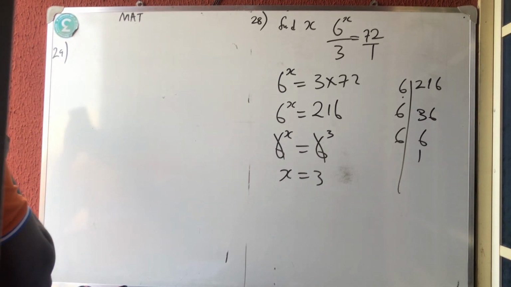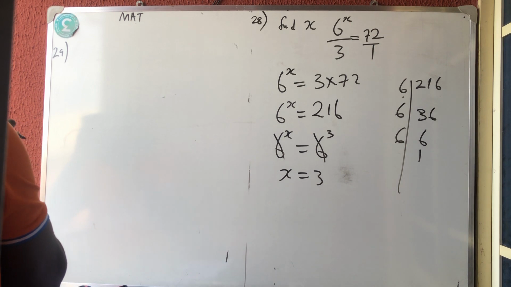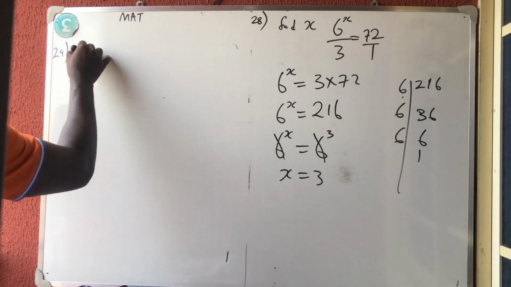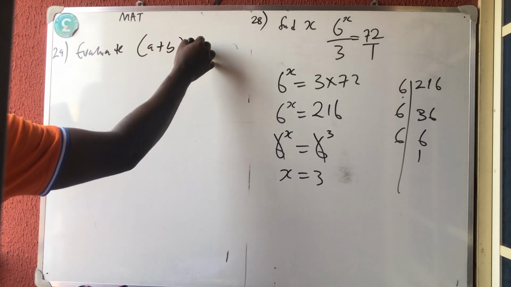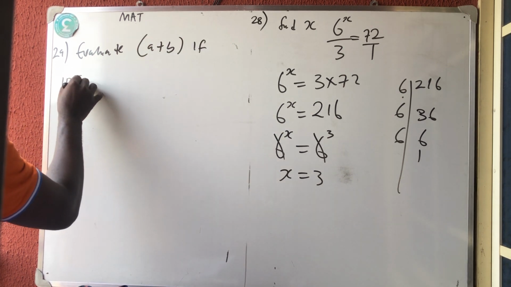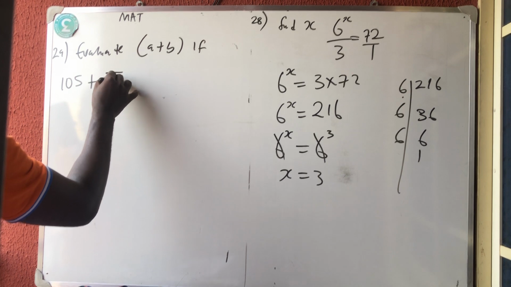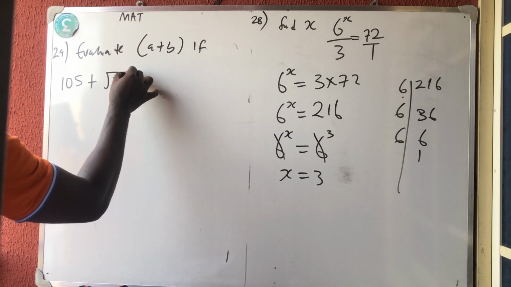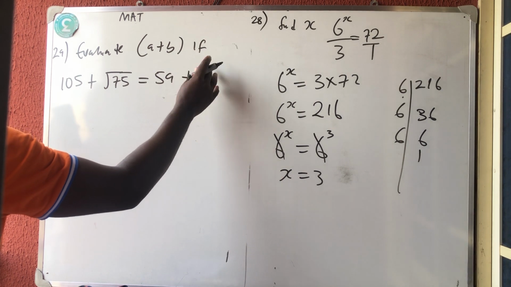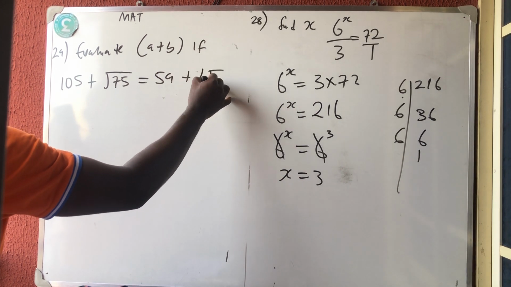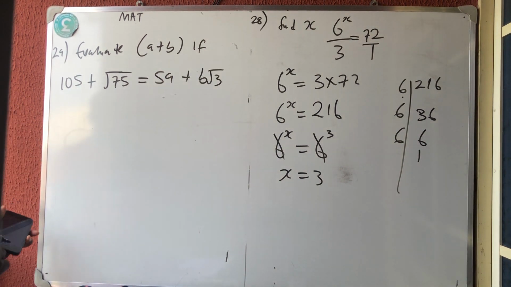Number 29 said evaluate a plus b if 105 plus root 75 is equal to 5a plus b root 3. Okay, so equate root to root.